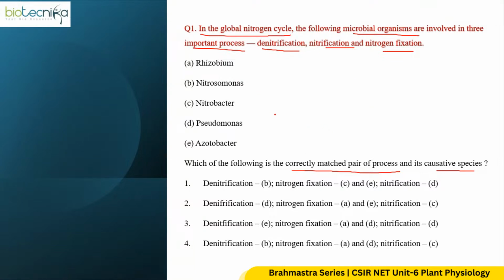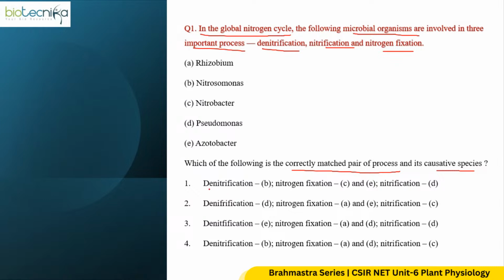Can I get some answers for this question? This is quite an easy question if you know the species and the nitrogen cycle as a whole. Sarita has given the answer. What about others? Is there anyone else who would like to give an answer? This is a very simple question.